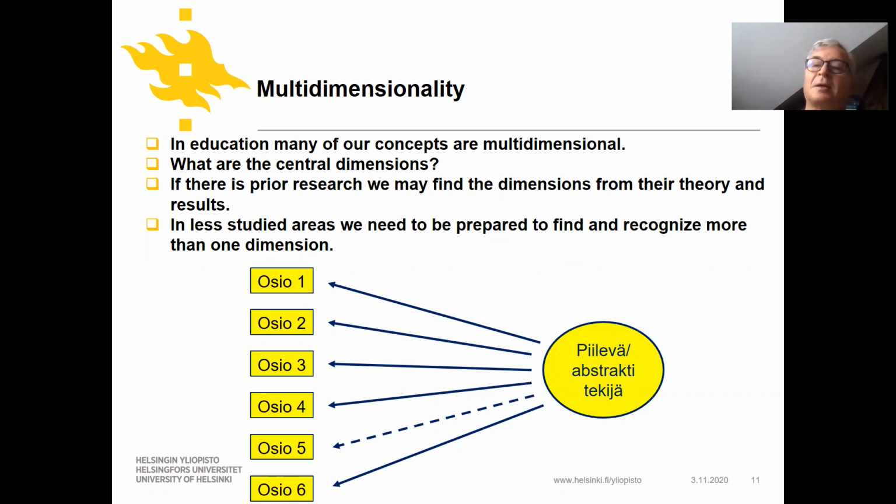Well, the example of Europe also told us that if you look at Europe, it is also multidimensional. But anyway, then we would be interested in what the central dimensions are, and whether there is previous research which would give us an indication of which type of dimensions we could find there.